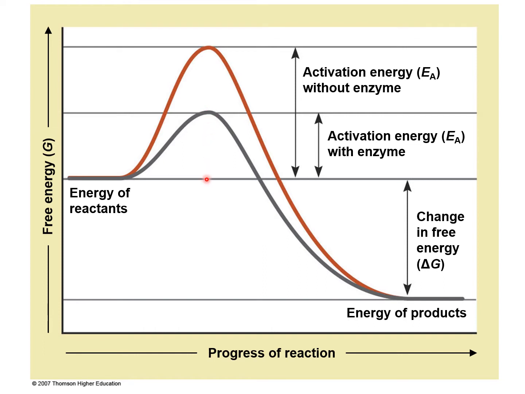So you can see that the enzyme will lower the activation energy, and that's why it speeds up the chemical reaction. But you can see that the change in free energy, the delta G, will remain the same. So the reaction will still go the same direction. Like if this is a downhill exergonic reaction, it will stay that way.